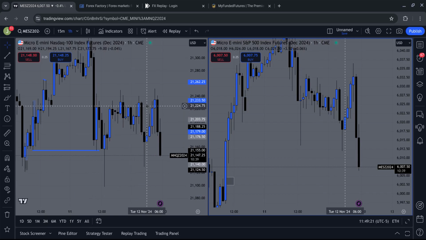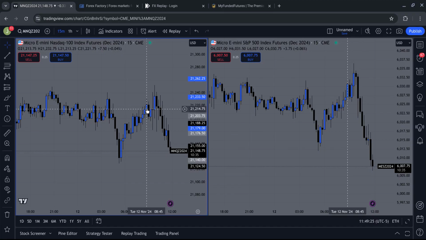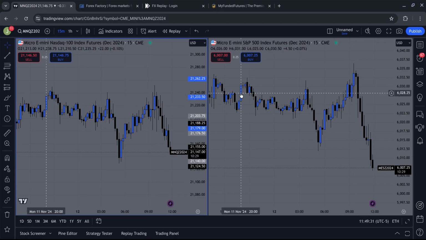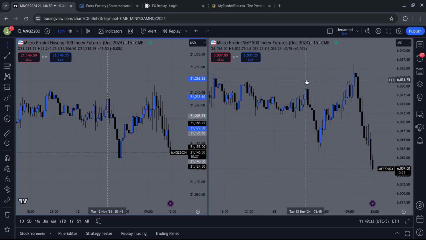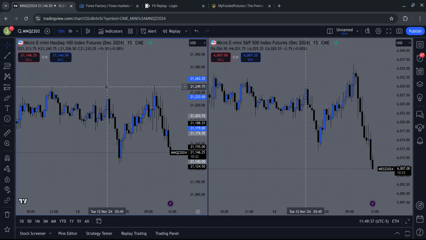And another thing, before 9:30, ES was already trading above this London high, right? So at the time before market open, that was a bearish SMT.